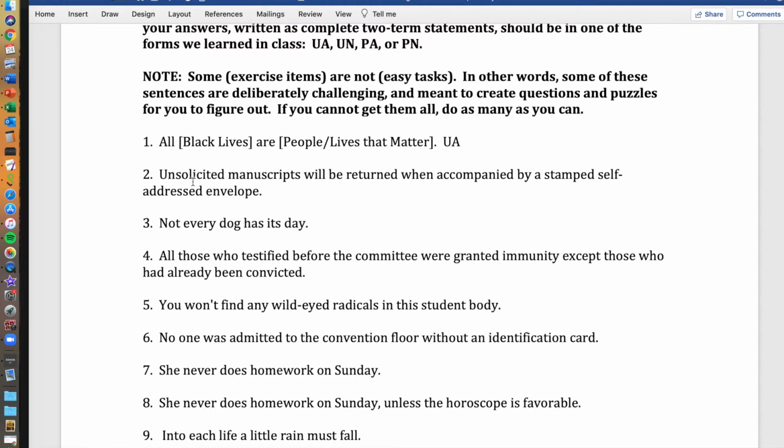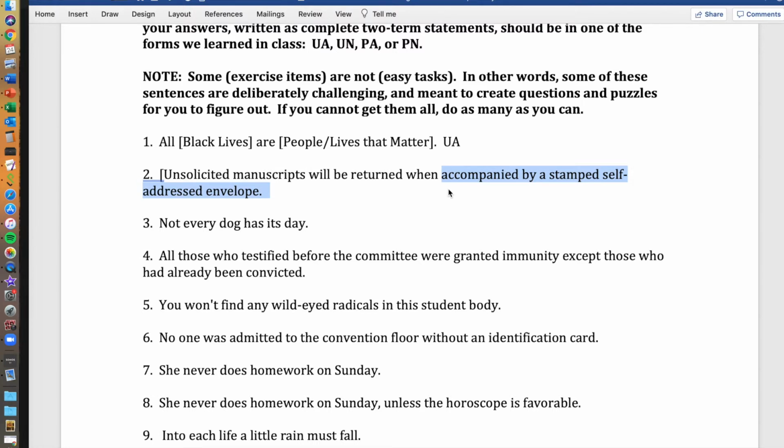What will be? Well, the subject term is unsolicited manuscripts, right? However, notice there's additional information that qualifies the subject term category. It's not just unsolicited manuscripts, but they have to be accompanied by a stamped self-addressed envelope, right?